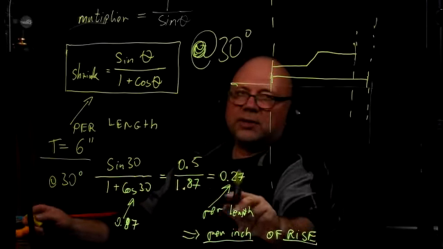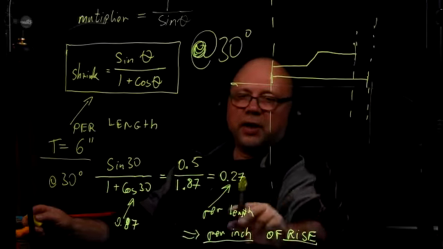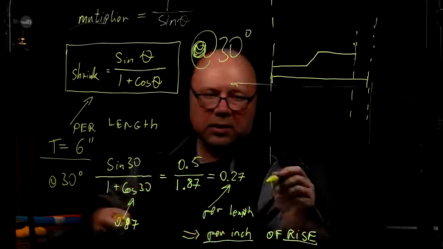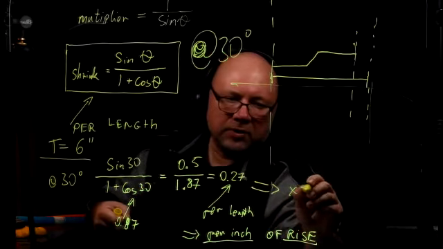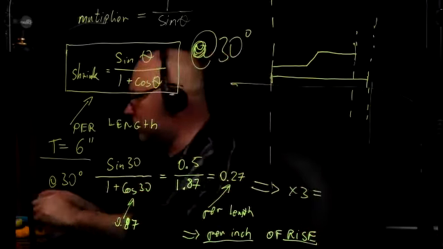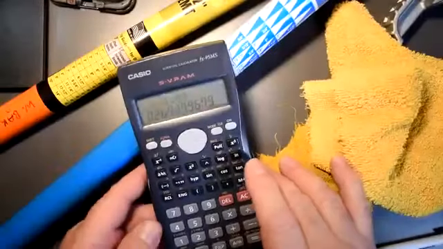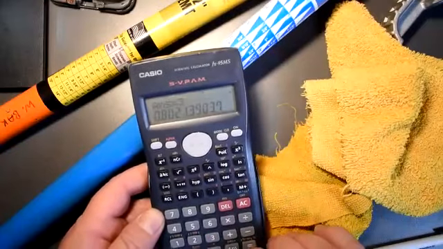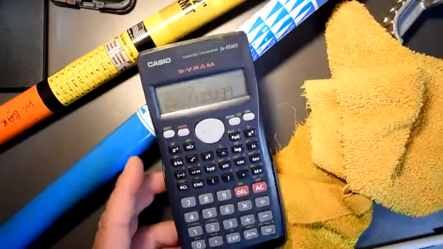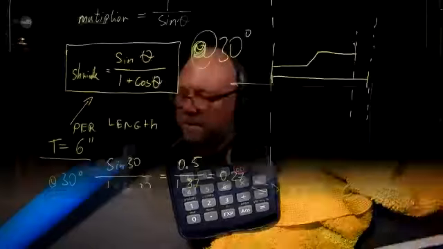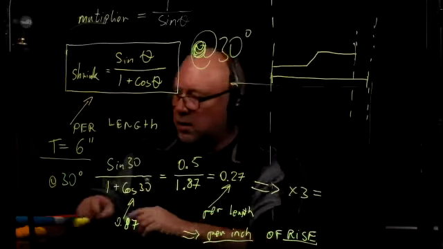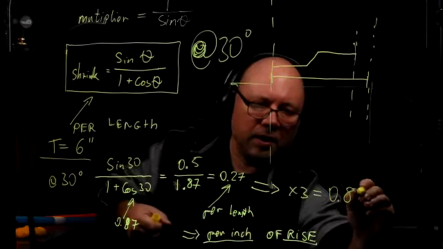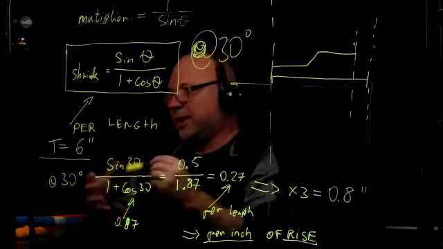Let's see how much that is going to shorten here. So 0.27 times 3 is going to give us 0.8 of an inch.